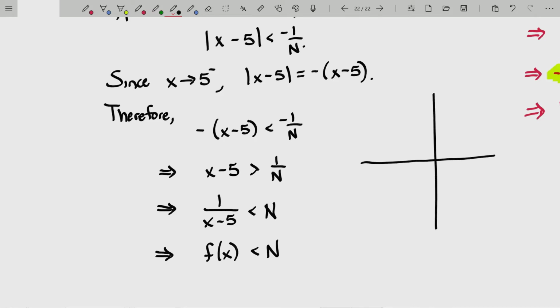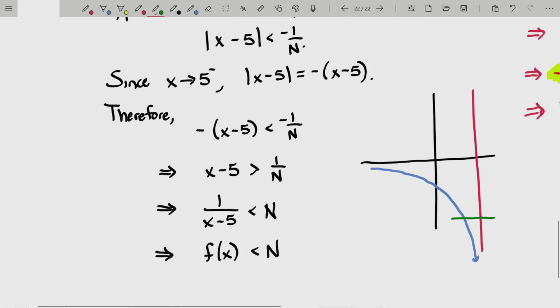That is, as x gets really close to 5 from the left-hand side, no matter what negative number you hand me, you can hand me a negative number that's at this height right here. Let's just, for ease, say that's the negative number they handed me. I can create a delta neighborhood about x equals 5, and let me go ahead and do that here like this.